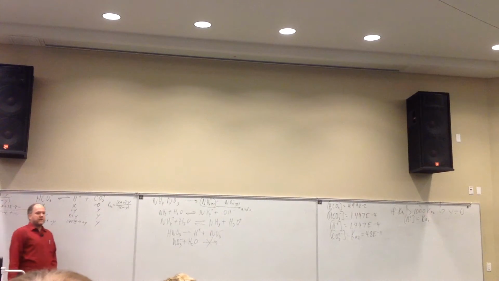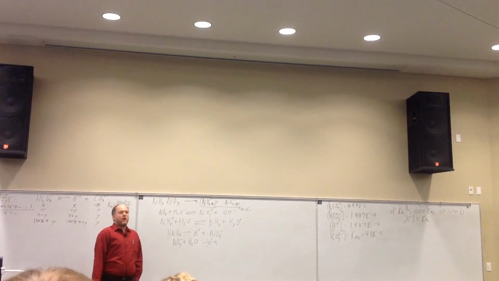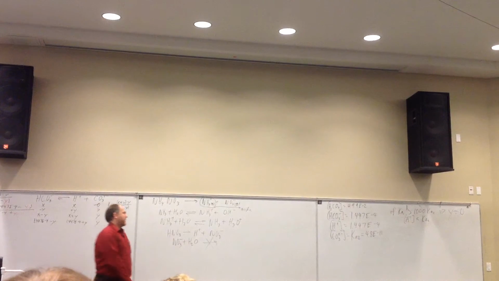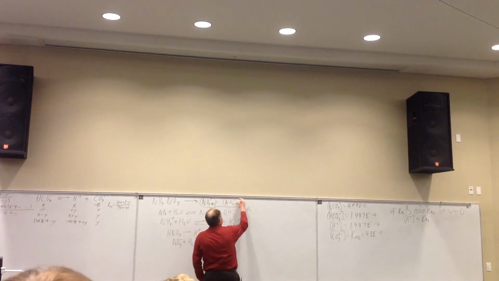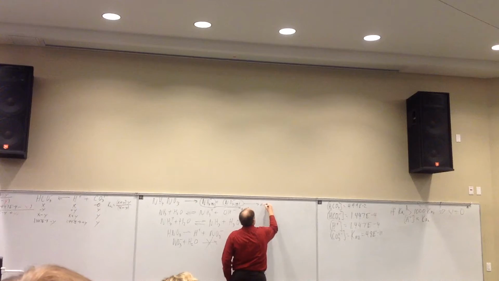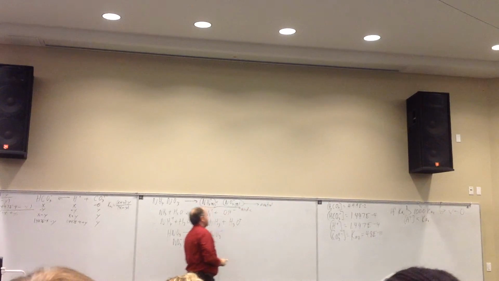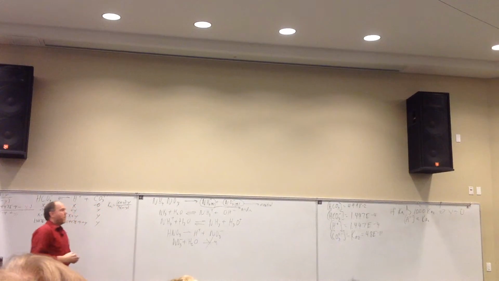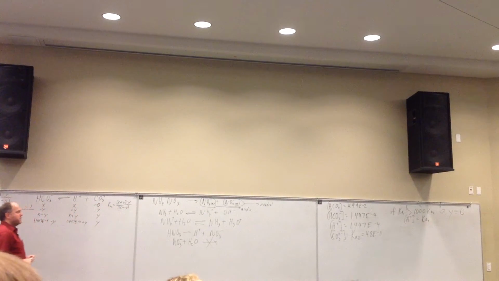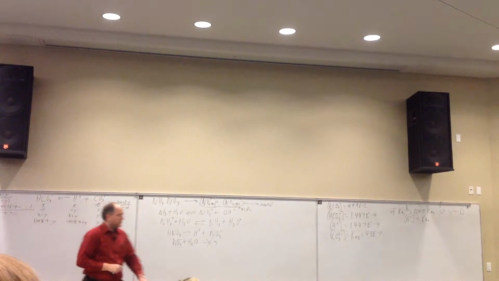Nitrate just sits there and looks at you. Nitrate is almost always a spectator. So nitrate is what we call neutral. I never can spell neutral right. It's neutral. So overall, is this solution going to be acidic, basic, or neutral? It's going to be acidic.